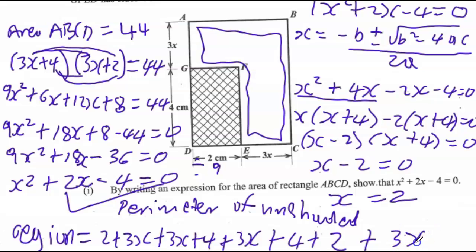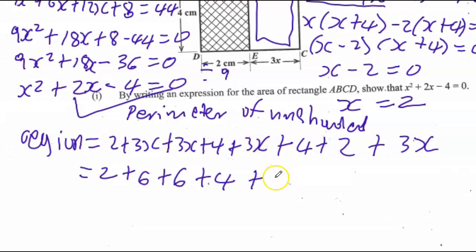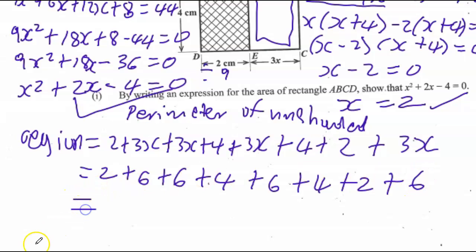Now remember that the value of x is 2, so we're going to substitute 2 and calculate the perimeter. So we have 2 plus 3 times 2, that's 6, plus 6, plus 4, plus 6, plus 4, plus 2, plus 6. We add all those values, and in the end we should get 36, and the units, centimeters, 36 centimeters.